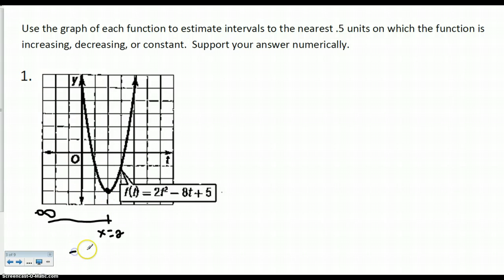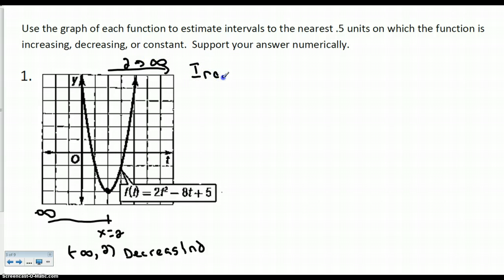So what I'm predicting is that from negative infinity to positive 2, my graph is decreasing. And then from positive 2 all the way to positive infinity, it looks like my graph is increasing because my y values are getting bigger as I go to the right.